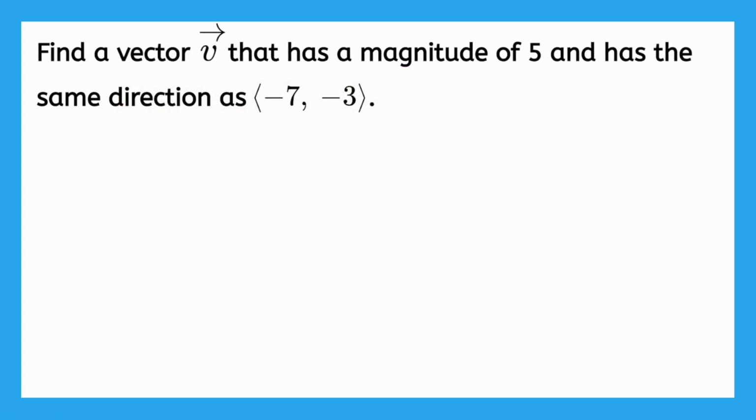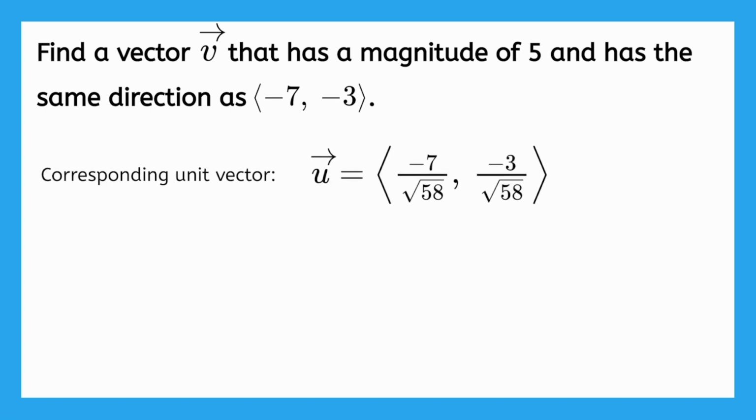We just worked with a vector that has the component form -7, -3, didn't we? We found that its corresponding unit vector is -7 over the square root of 58, -3 over the square root of 58. That unit vector has the same direction as -7, -3, but it has a magnitude of 1.